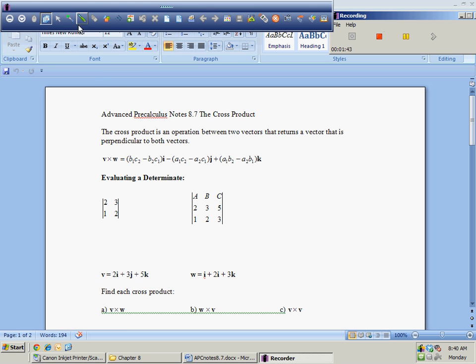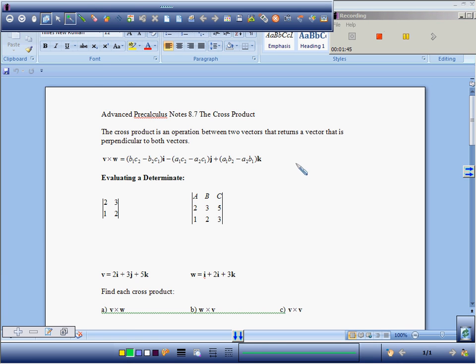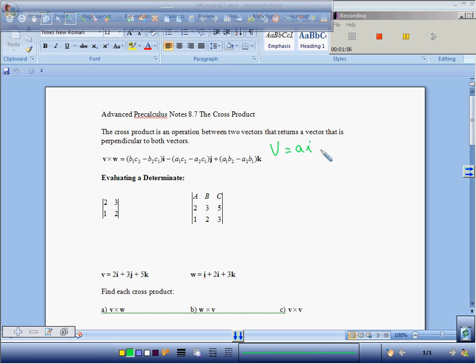So if I have one vector that is A1 in the I direction, plus B1 in the J direction, plus C1 in the K direction, and then I have another vector W, which is A2 in the I direction, plus B2 in the J direction, plus C2 in the K direction.